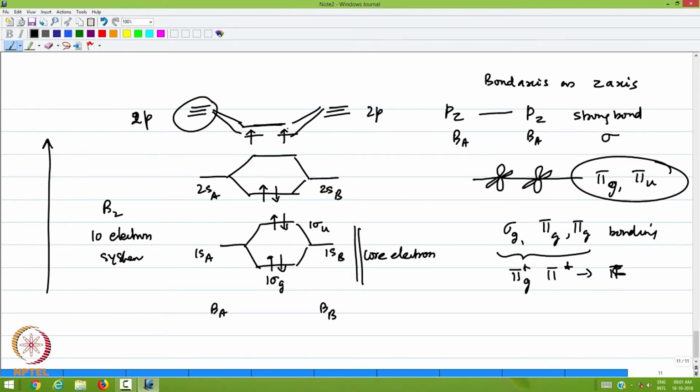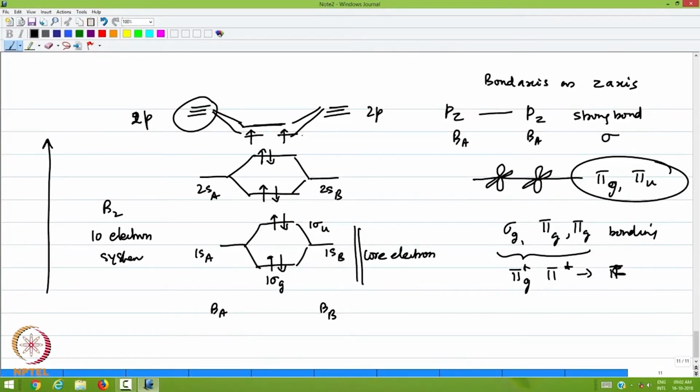Okay. Now, you have 2, 4, 6, 8 and you have 2 electrons. How would you know that this is the correct answer? There are 2 unpaired electrons. Probably the magnetic properties will tell us whether this is paramagnetic or not. I believe they are paramagnetic, therefore, this is the molecular orbital structure that we have.